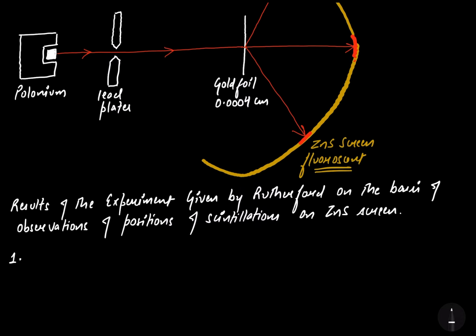Most of the alpha particles went straight through the gold foil without any deflection, as most of the scintillations were just behind the gold foil.